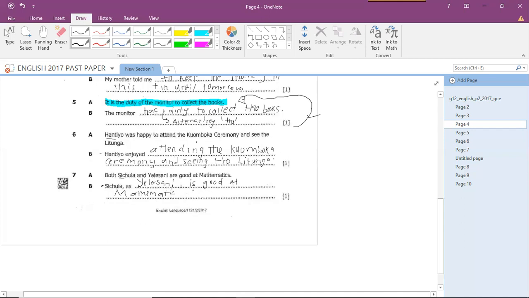So here the trick is this: if you put a, they'll probably give you a wrong mark, or they'll give you half a mark. I would give someone half a mark if they wrote it like this, and then instead of the word is, they put a. So here you have to single out this subject, but it will still mean the same, that they are both good at mathematics. So Sichula as Yelesani is good at mathematics.